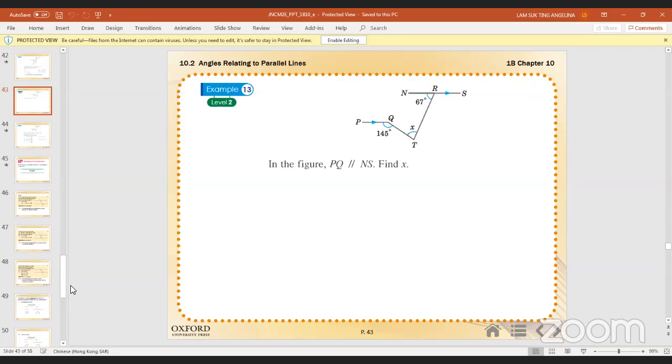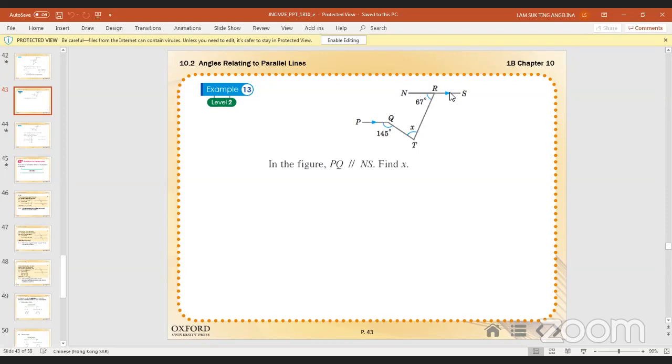You should copy the diagrams to your class book and also do the problem together at the same time. Don't just sit down and watch the PowerPoint. Now this one is another example showing us that we may need to add something before we can solve the problems directly.